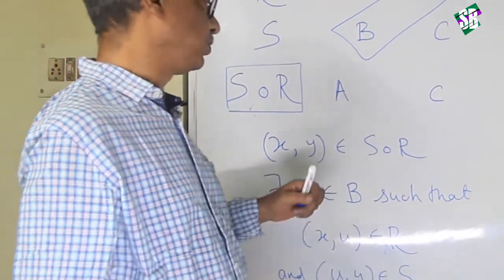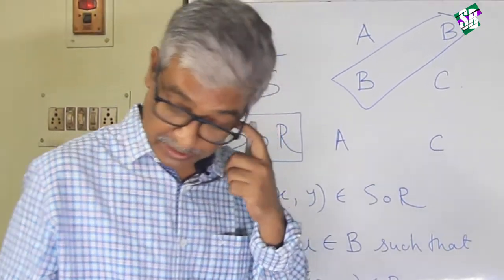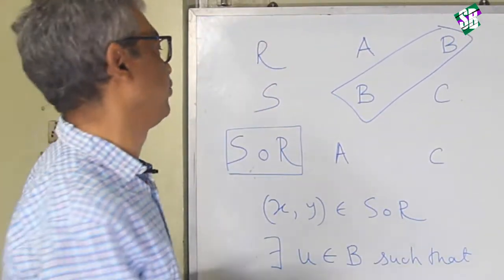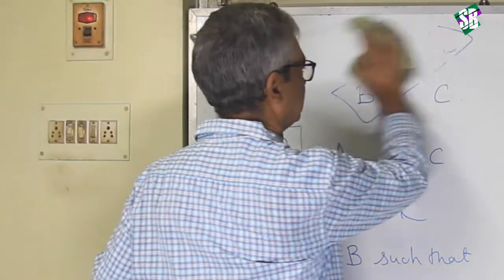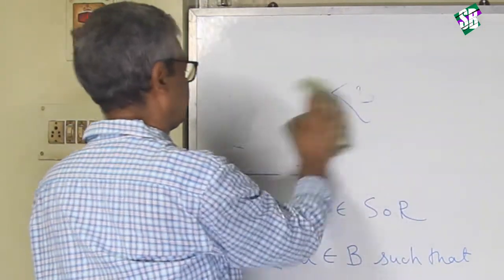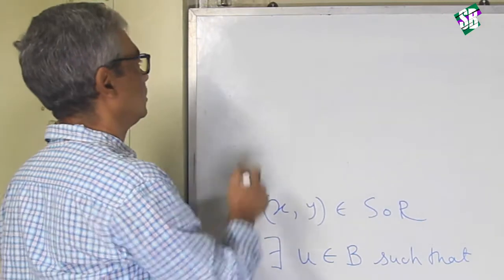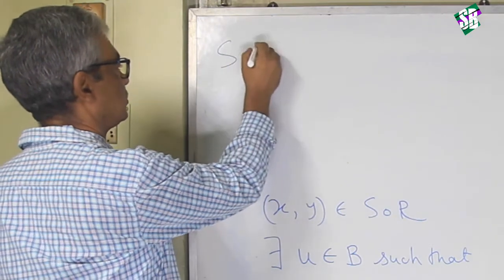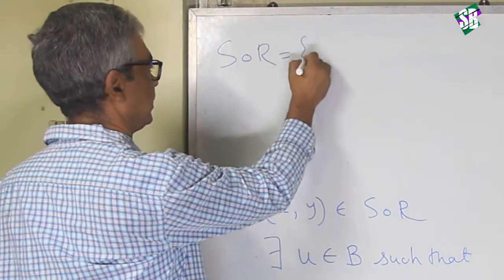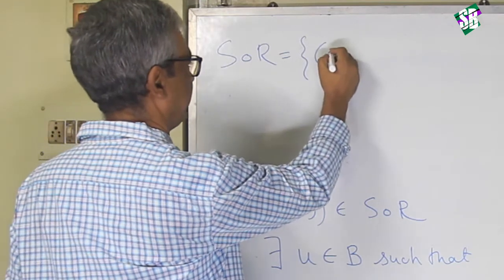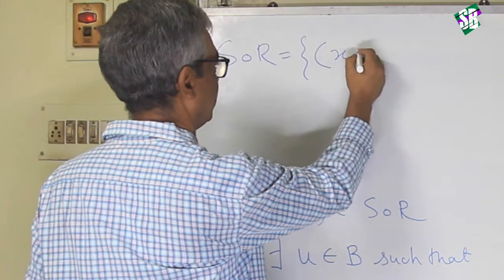Okay, so in other words, or in set theoretic notation, S o R is the set whose elements are of the form (x, y).